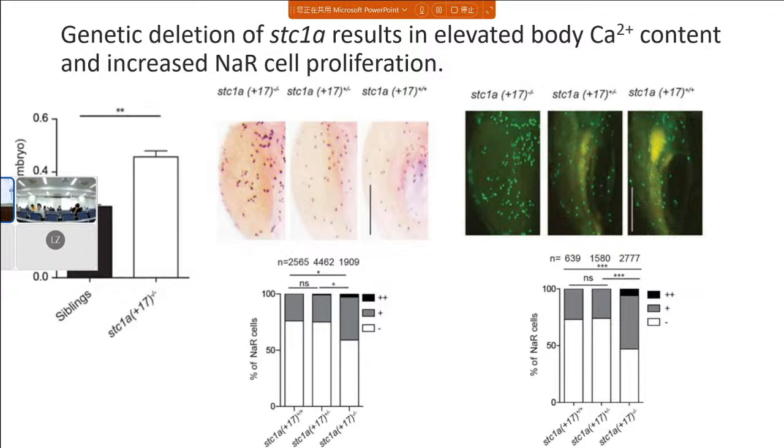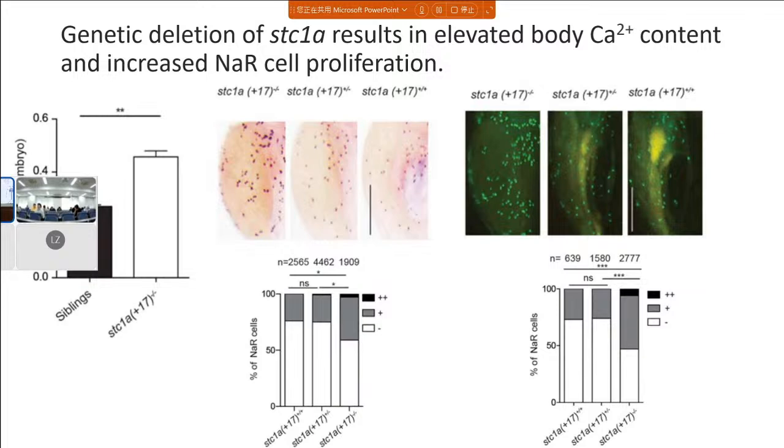Quantum developed reduce, also show the NAR cell. In the STC1A double mutant, fish develop more NAR cells. You can see the cell is more. STC1A homologous mutant fish have significantly more NAR cells than other fish.